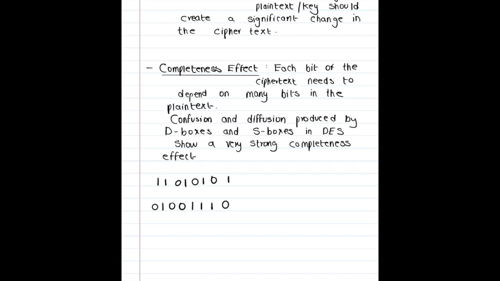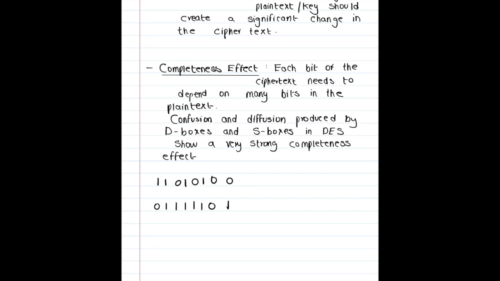Now let's suppose we make a small change to our plain text by changing the last bit from a 1 to a 0. If we observe the resultant ciphertext now, it will turn out to be completely different. As we can see, making a small change in our plain text caused a huge change in the ciphertext. Hence DES satisfies the avalanche effect.